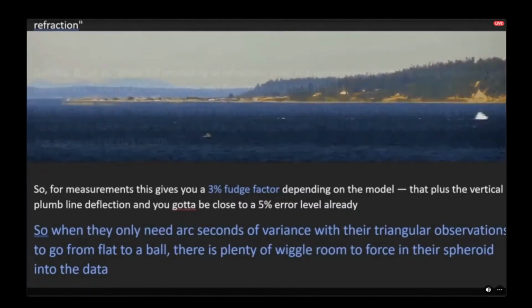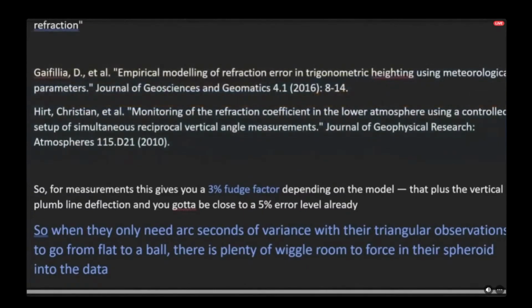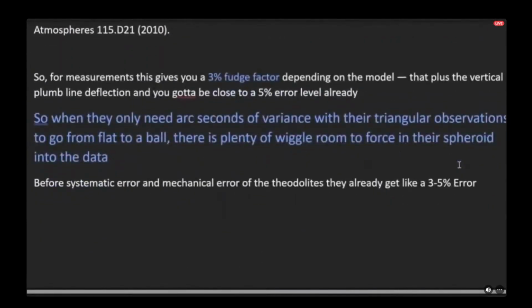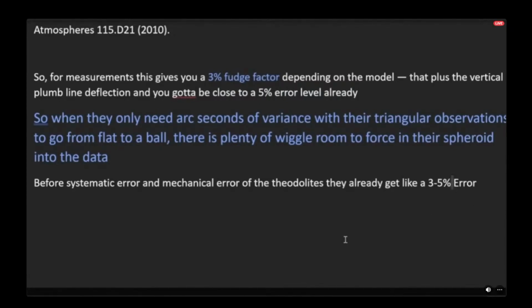See what I mean? So when you only need tiny arc seconds of variance within some of these observations optically to turn the standard flat surveying data into technically geoidal, geodetic survey data, meaning that the presence of a curve is necessary, there's a lot of wiggle room in their observations, in the application of the measurements, in the calculations, and in the whole process to make it happen, right?